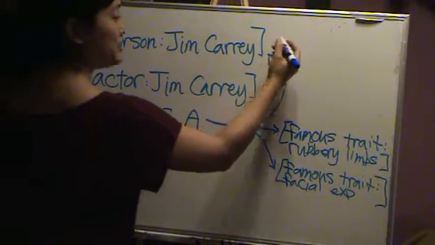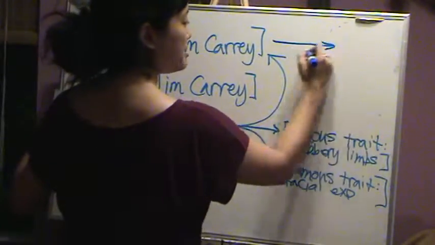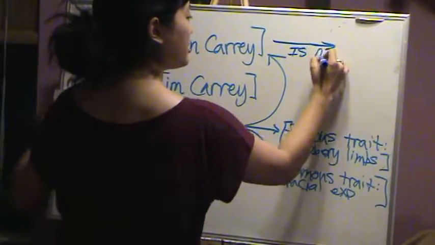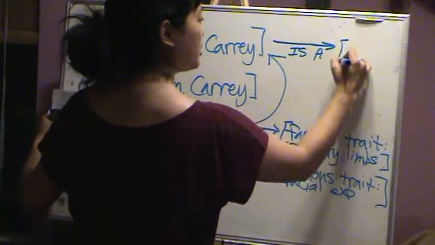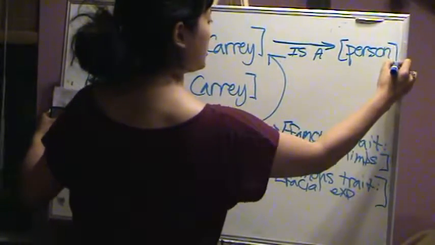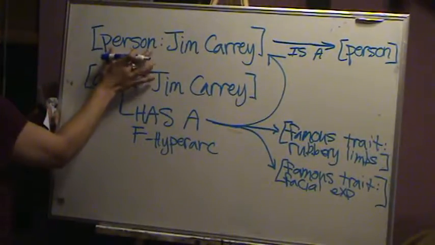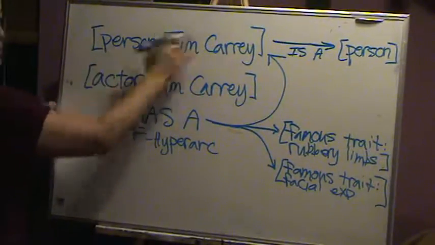Person Jim Carrey is a person. Alright, you'll notice that person is the property of the property value pair.